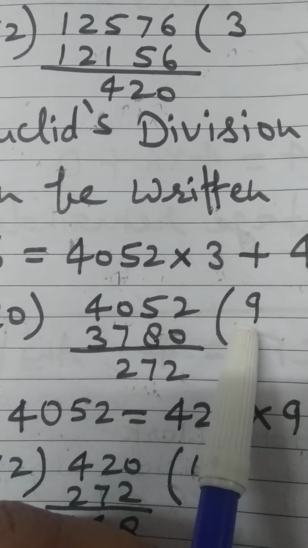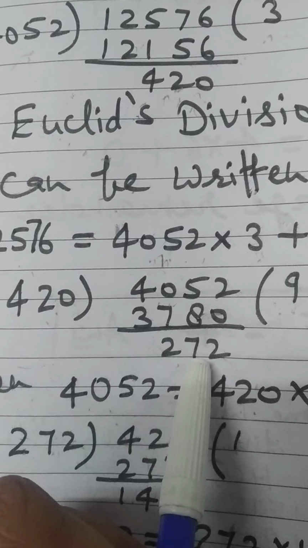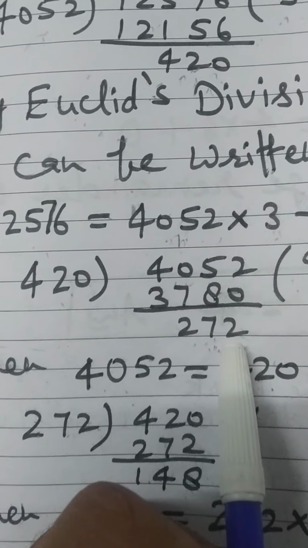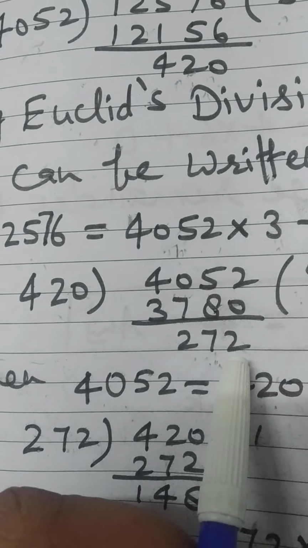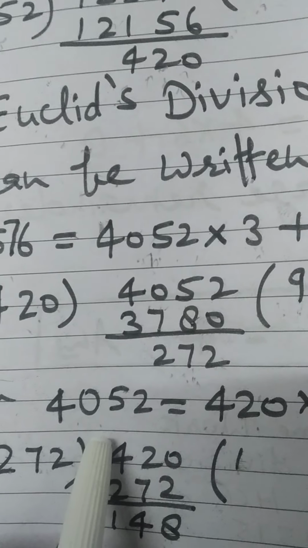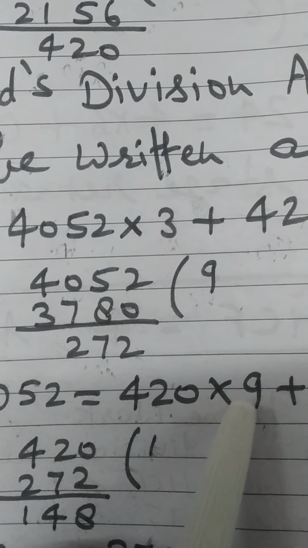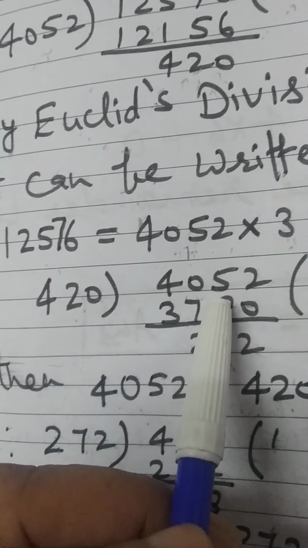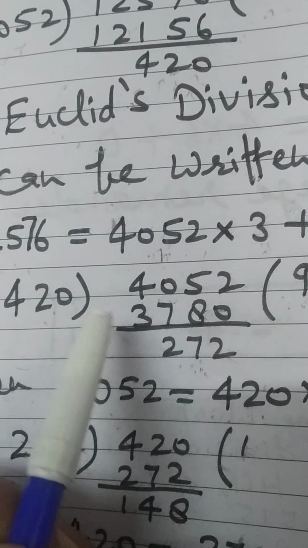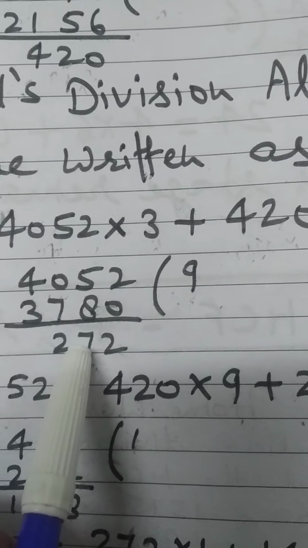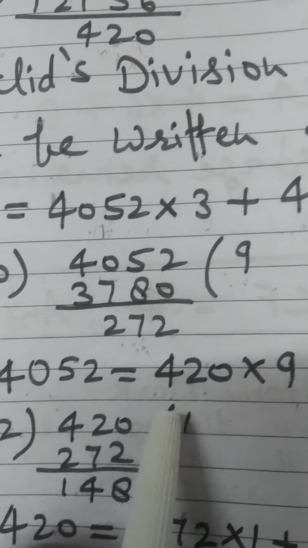Value of quotient is 9 and value of remainder is 272. Then by Euclid division algorithm, dividend is equal to divisor into quotient plus remainder. 4052 is equal to 420 into 9 plus 272.